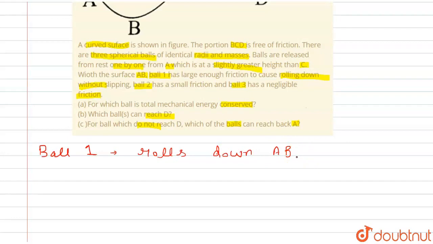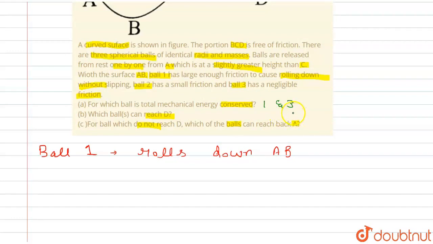However, no energy is lost due to friction, and ball 3 has negligible friction. We know ball 3 has negligible friction, so total mechanical energy is conserved in the case of ball 1 and ball 3.